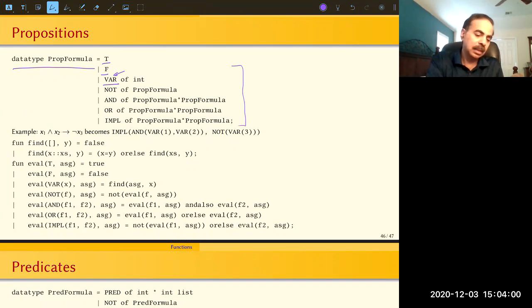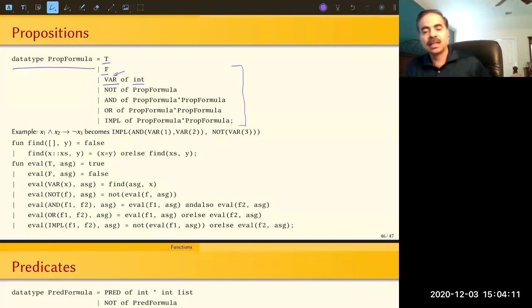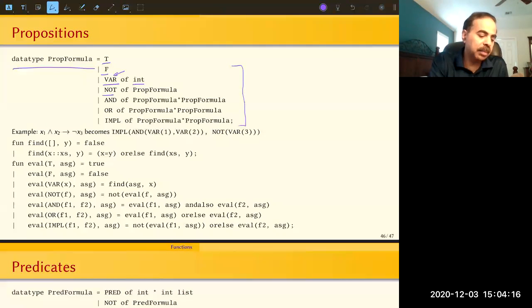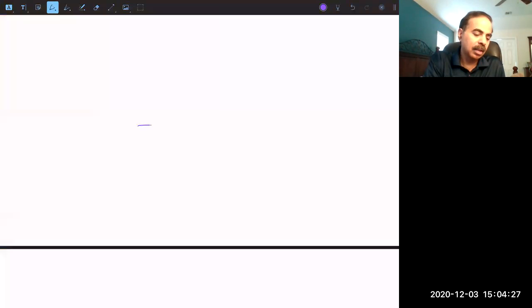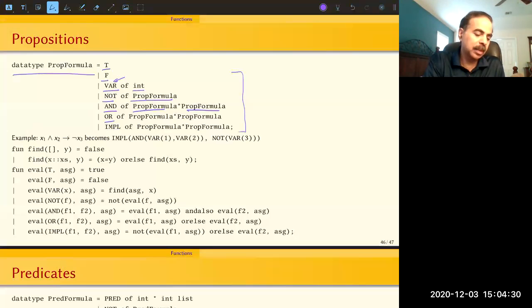It's just a string that means to us it's a variable, but really all that it tells ML is that there is an index, an integer which says what is the number for the variable. And then it can be a negation of a propositional formula, a conjunction of two propositional formulas, a disjunction of two propositional formulas, or an implication involving two propositional formulas.